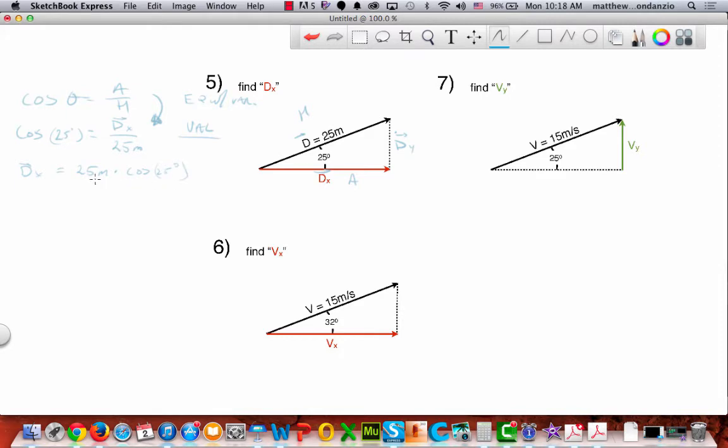Now, the reason I'm putting the meters in is because what is this cosine 25 essentially doing? What is it acting as? I used this term last week. It's a percentage, right? This cosine 25 is just a percentage of my 25 meters.